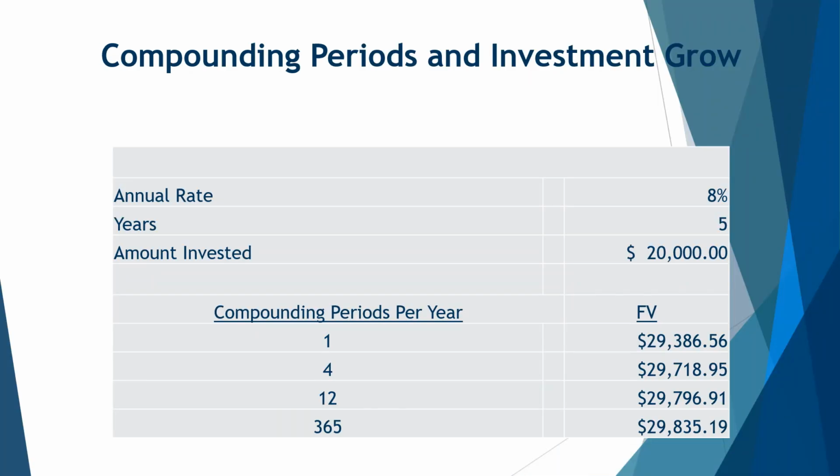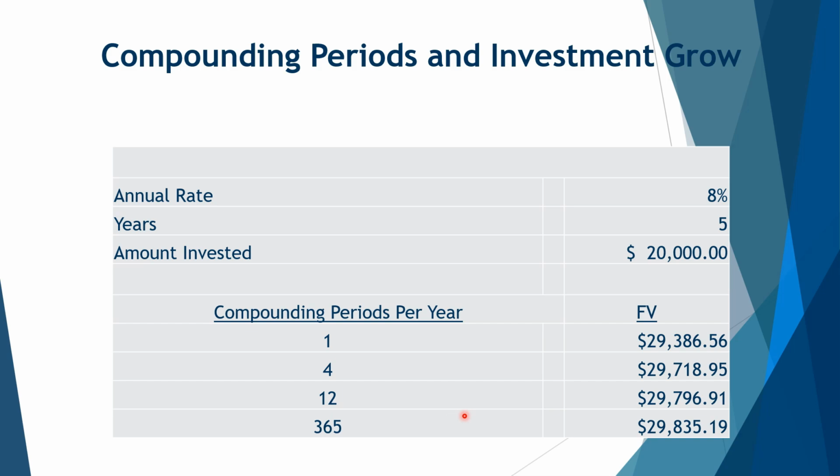Now let's look at that previous example, and let's see what happens when we have different compounding periods for the year. So we change that m value. When we have one compounding period per year, the value is 29,386. When we have 4 compounding periods per year, we end up with 29,718.